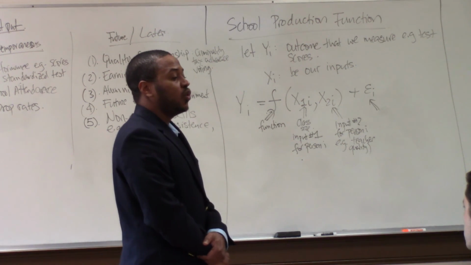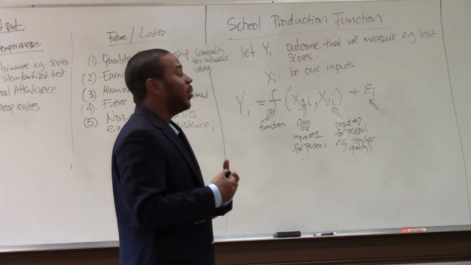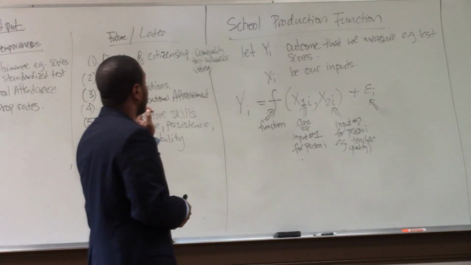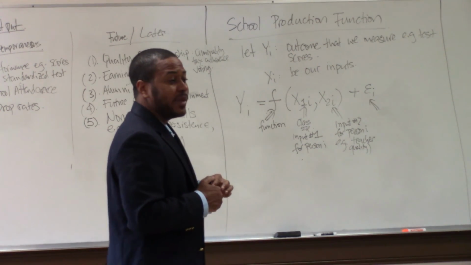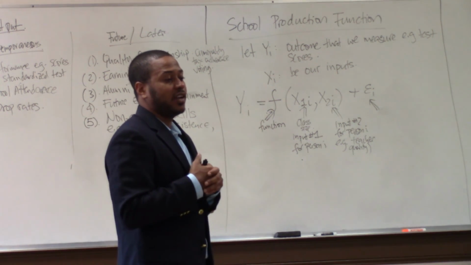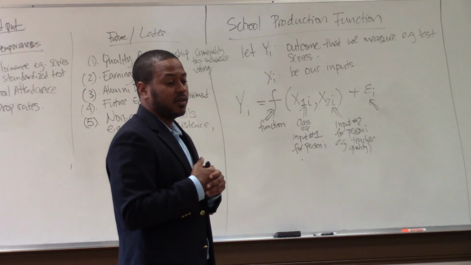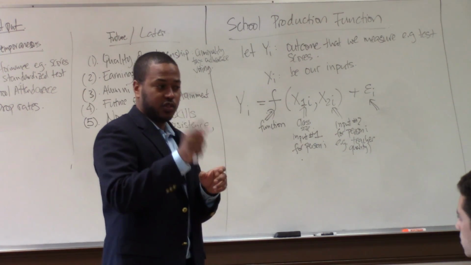So let's think conceptually, what does the error measure? What we've said is that the test scores are going to depend only on class size and teacher quality. Are we capturing everything that can affect test scores? No. So what is the error doing? Well, this is closer.